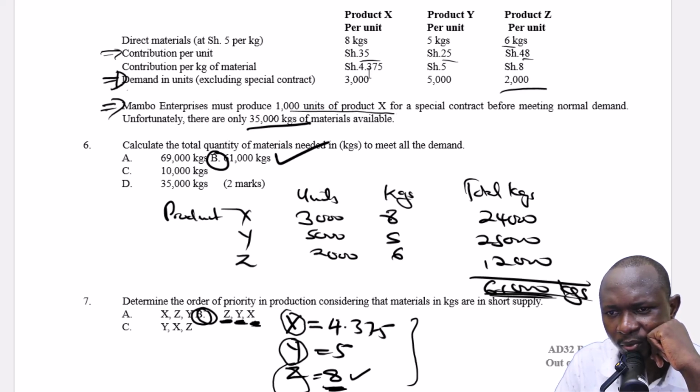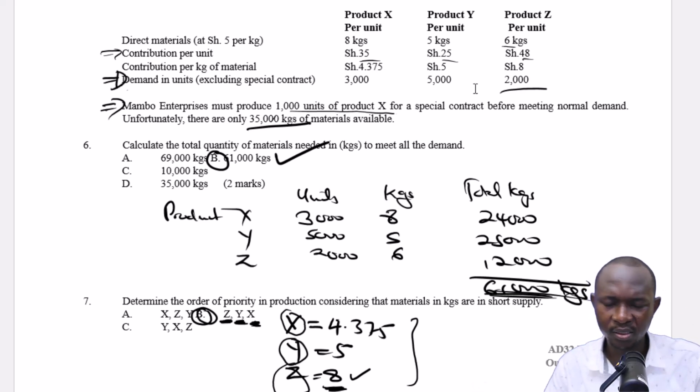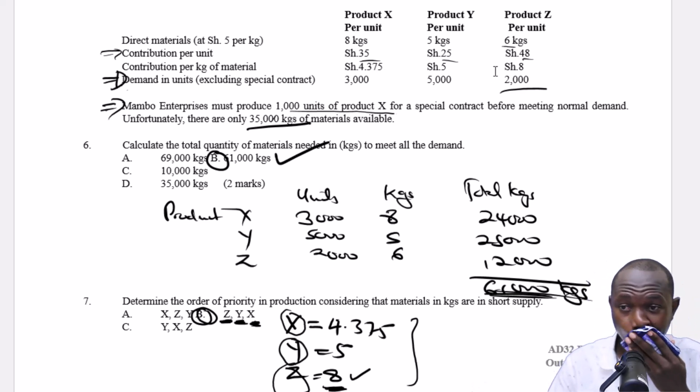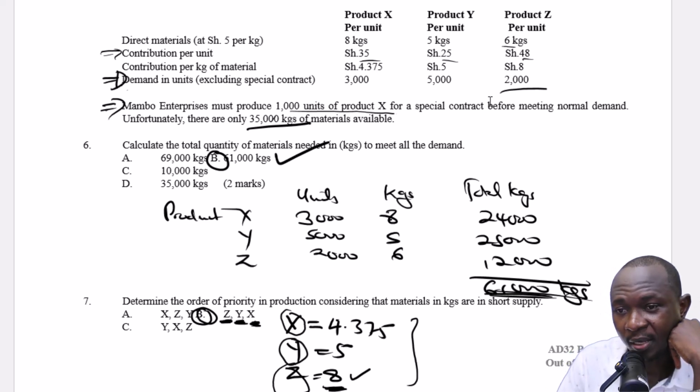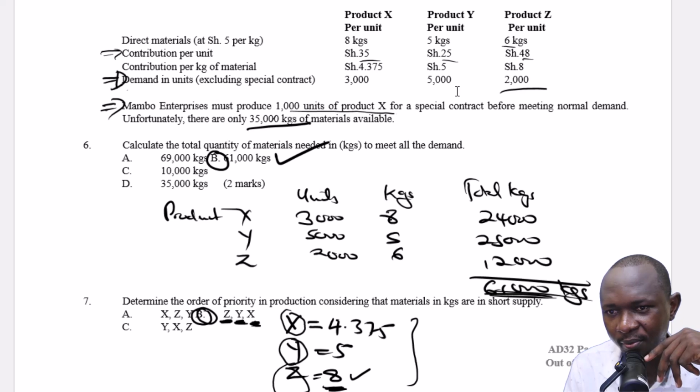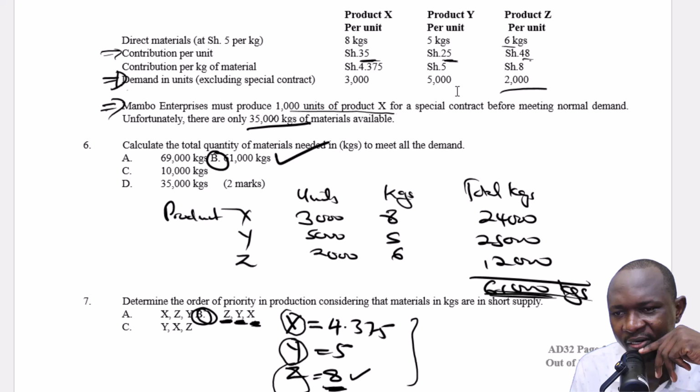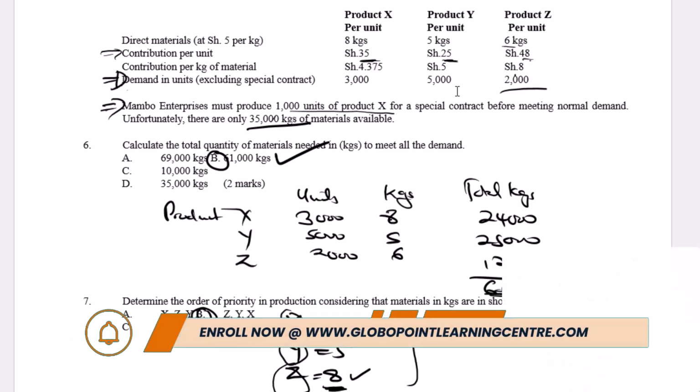Contribution per kg of material 4.375. Wow. Do we use the contribution per unit or the contribution per kg of material? I had not noticed this, that we have different figures here, 35, 25, 48, but the flow is different. So this will be 8, 5, and 4.375.